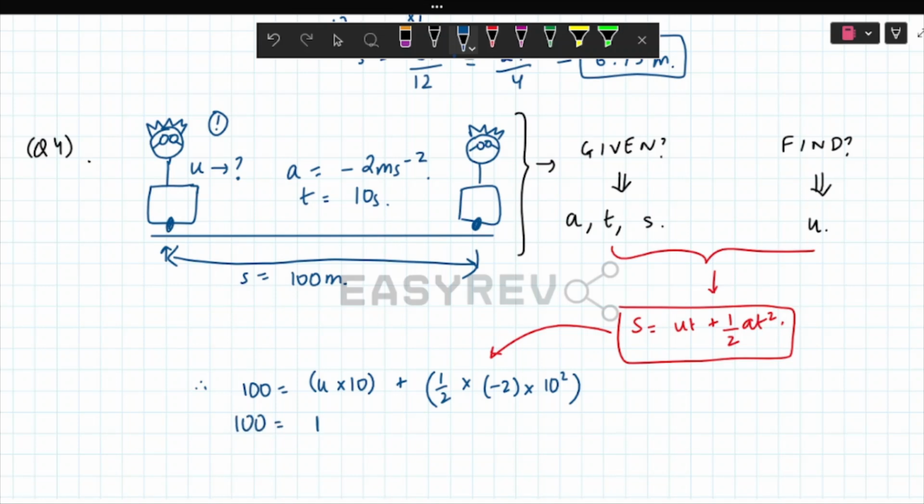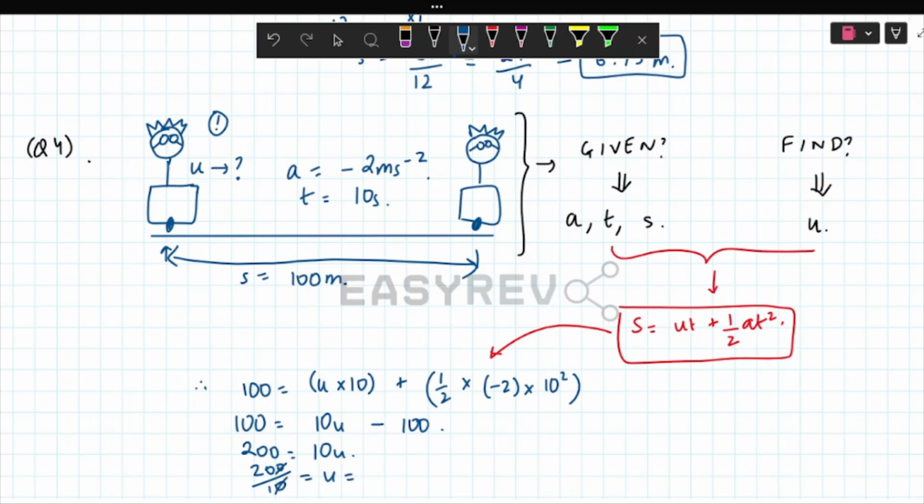Simplifying things, we get 10u. Notice how I include the negative sign because I have deceleration involved. So the negative sign should be included there. And I get 100. Adding 100 to both sides, I get 200 equals 10u. Divide 10 on both sides.